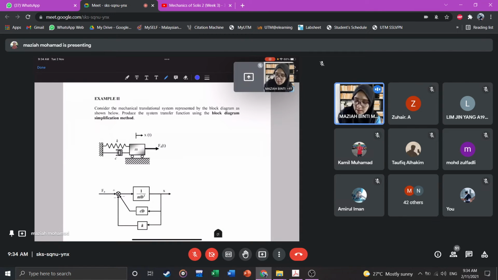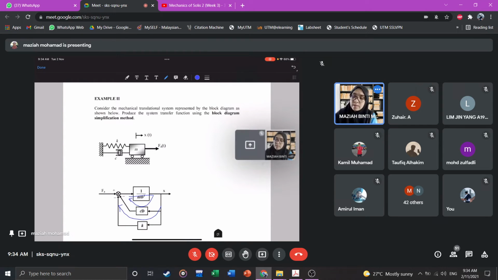Because this is feedback, and this one is also feedback, both of these are feedback loops. First, normally we determine what is the type of block in there, whether it's series, forward, or feedback. So in here we know that it is a feedback loop.